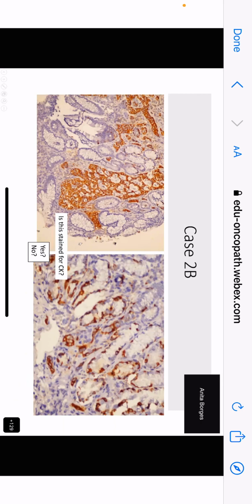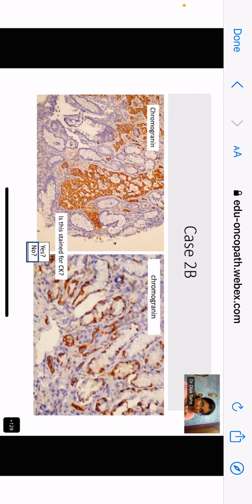So what stain is this then? Dia, now what stain is it? Ma'am, synaptophysin or chromogranin. Chromogranin. Excellent. It could be one or the other. This is a chromogranin stain, and it's showing you two things. Those nests that are seen over there, small and large, are positive for chromogranin, and also that there is neuroendocrine hyperplasia.